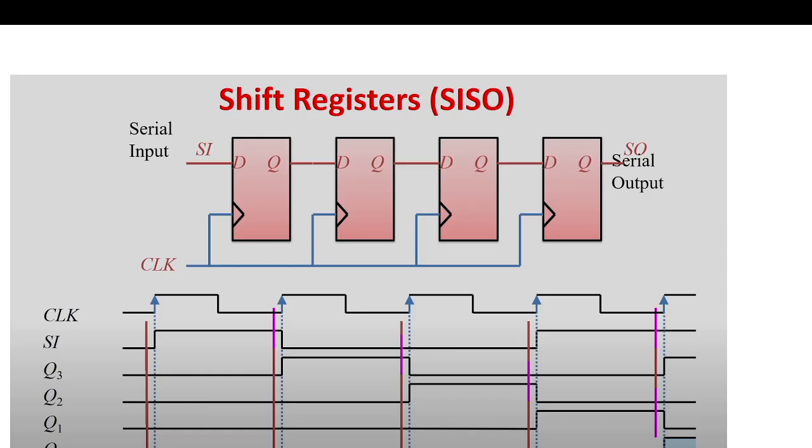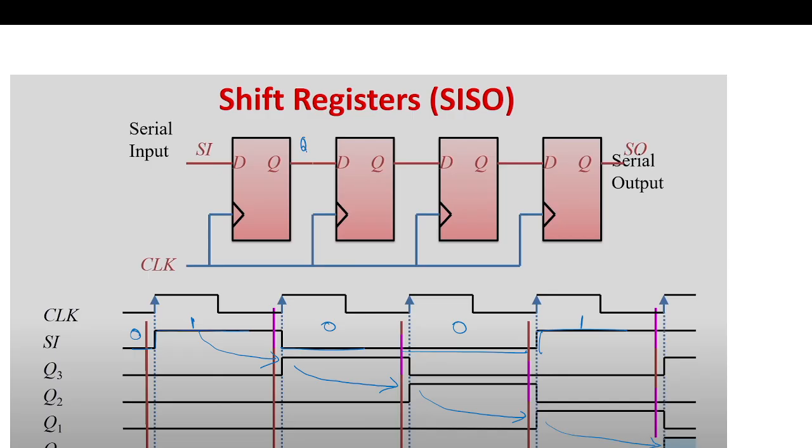So if the serial input is 0, 0, 1, 0, 0, 1, Q3 gets this one after one clock cycle. And this one goes here, here, and here.